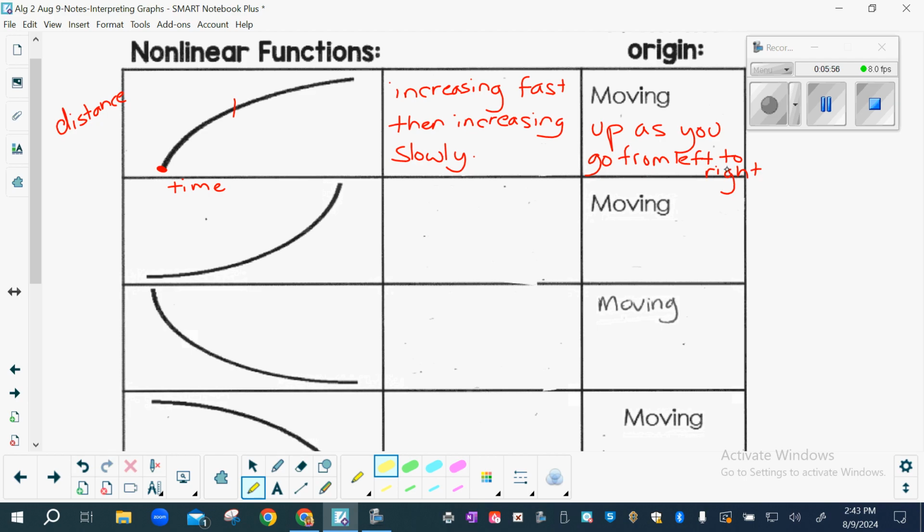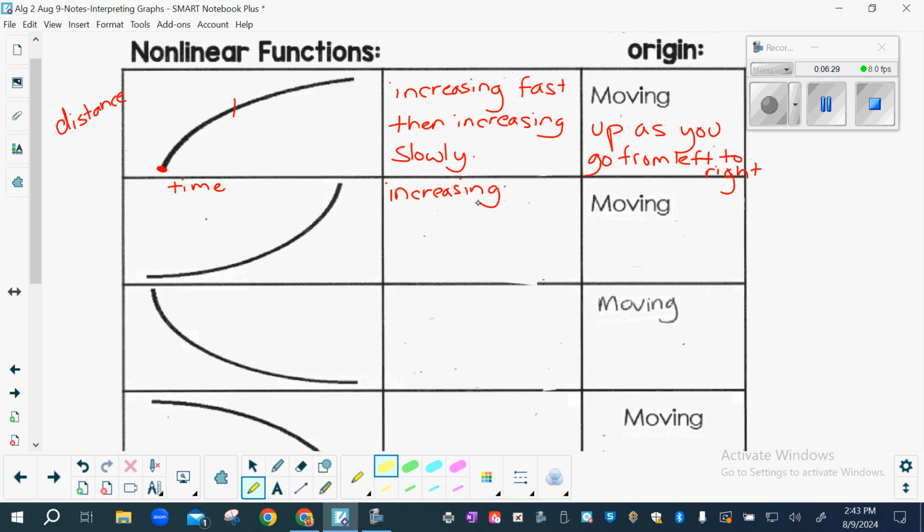Okay, so then on this one here, is the curve increasing or decreasing? As we go from left to right, it's increasing. And then as it's increasing, what's the speed at which it's increasing? So this is flatter.